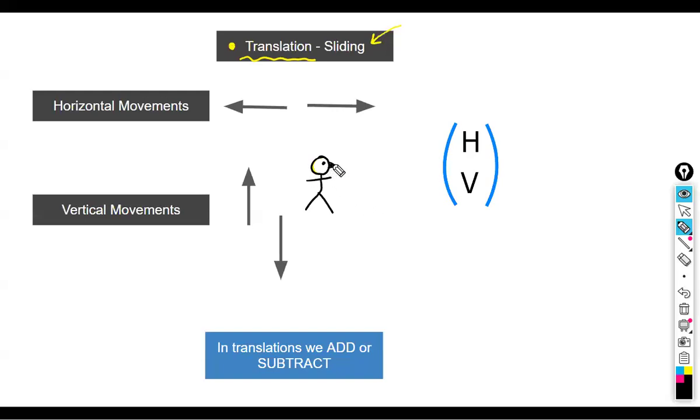So let's see this man here, right? You click on him and you drag him to a different point on the screen. When you drag him to a different point on the screen, his nose will be facing the same exact direction. So in a translation, you're not rotating the person to make him upside down.